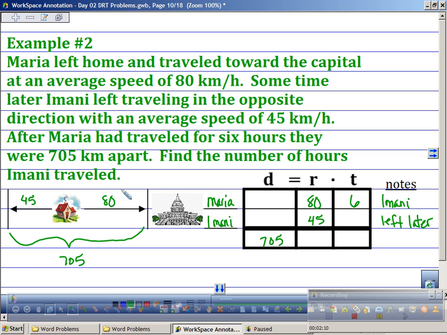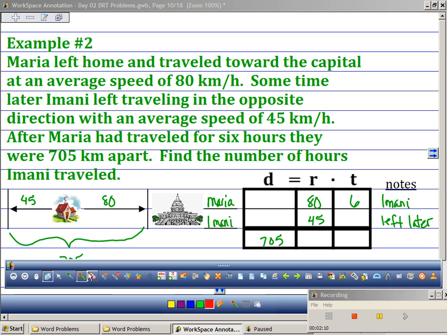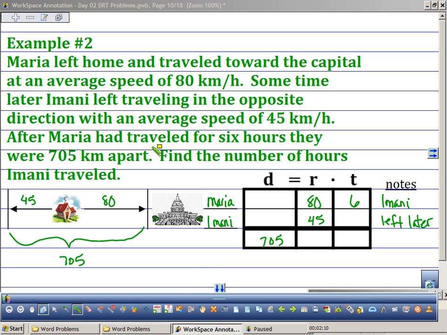Find the number of hours Imani traveled. So what am I looking for? Find the number of hours he traveled. We don't know how many hours he traveled.